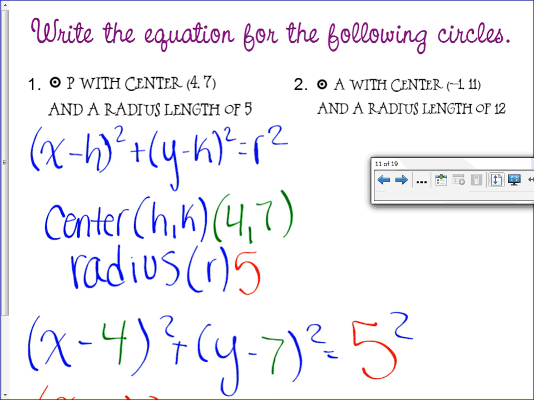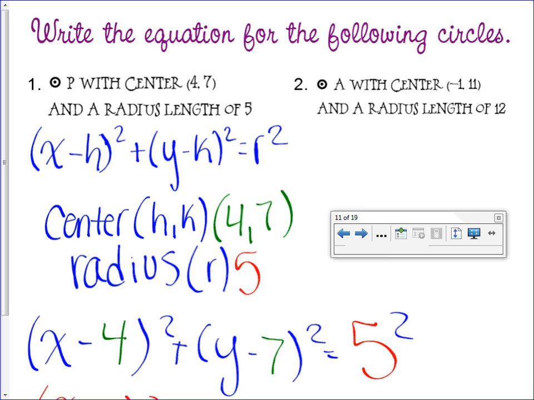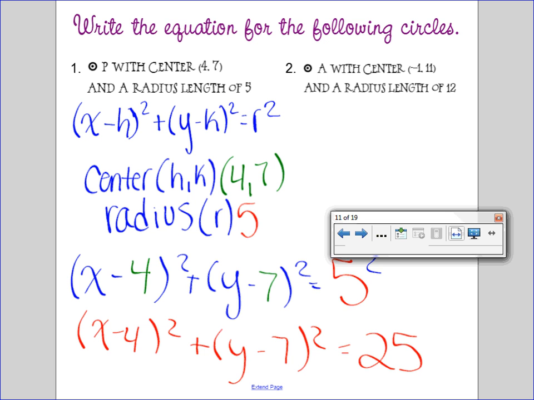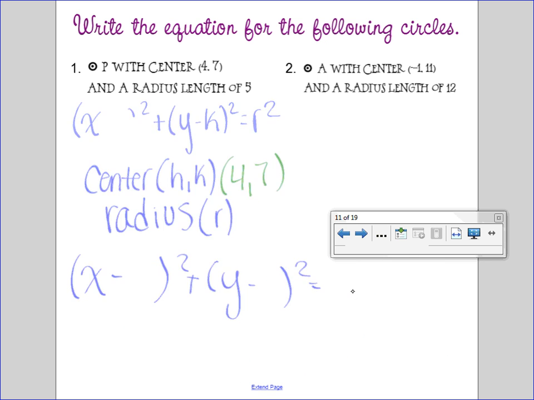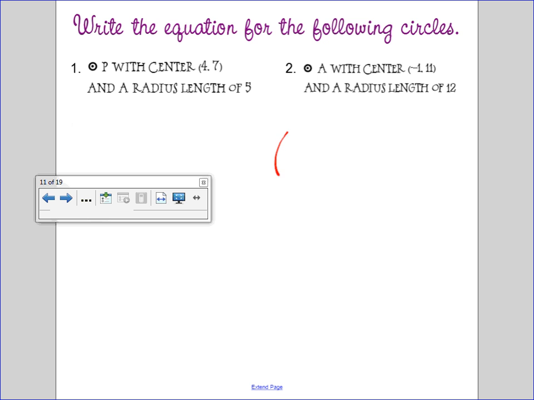All right, so take a second and go try number 2. Right?